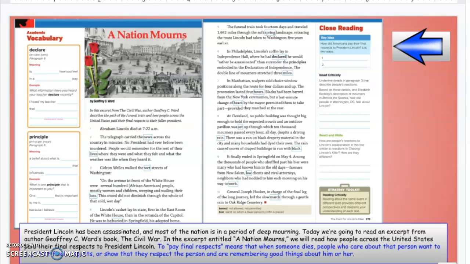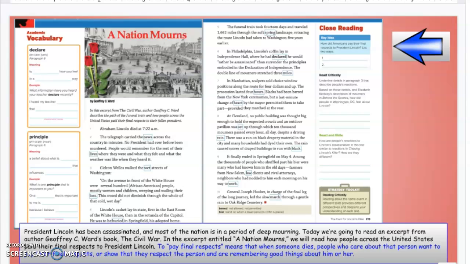Lincoln's casket lay in state, first in the East Room of the White House, then in the rotunda of the Capitol. He was to be buried in Springfield, his adopted home. Top of page 219. The funeral train took 14 days and traveled 1,662 miles through the soft spring landscape, retracing the route Lincoln had taken to Washington 5 years earlier.